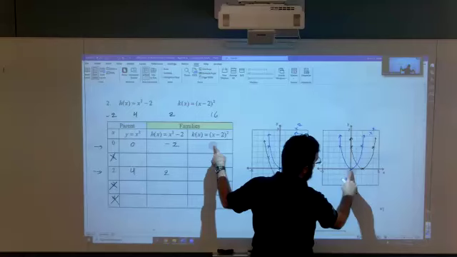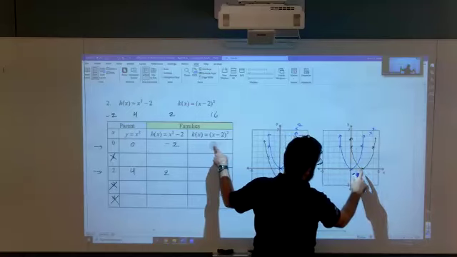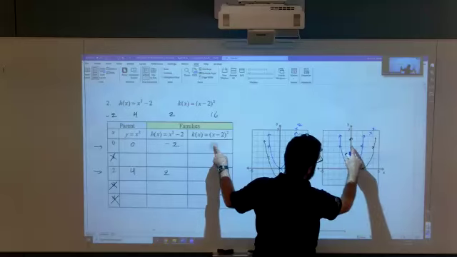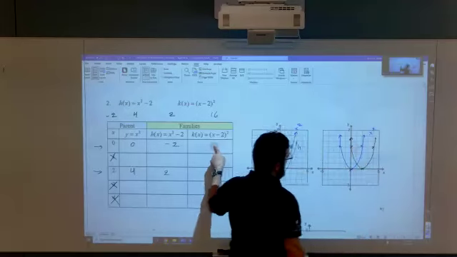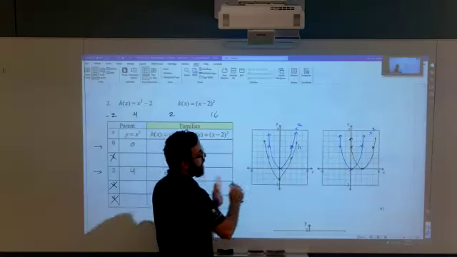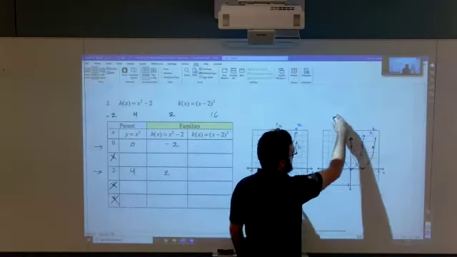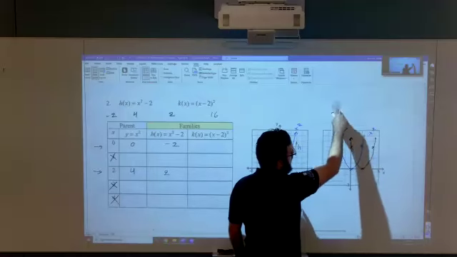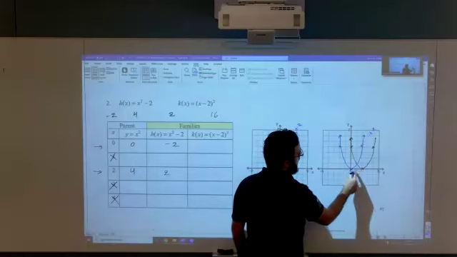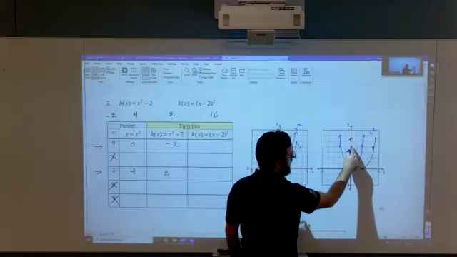Because we shifted, the new point here is going to be really off of the graph. The other point is 0, 4, which is what we got here.